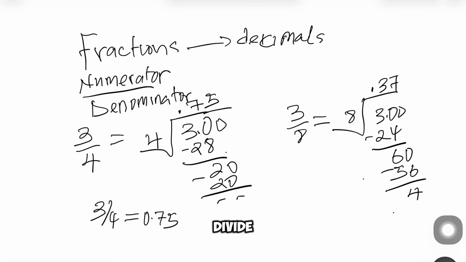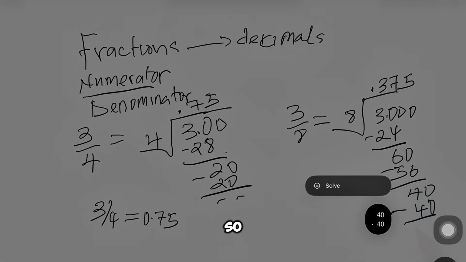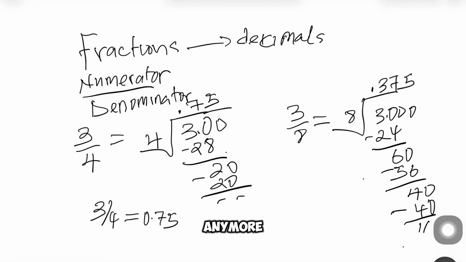So 4 cannot divide 8, so we have to add another 0. 40 divided by 8 gives us 5. 5 times 8 is 40. So we don't have a remainder anymore, and 3 divided by 8 is exactly equal to 0.375.